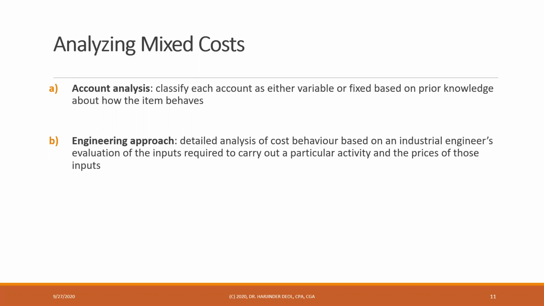So this one is the detailed analysis of cost behavior based on an industrial engineer's evaluation of inputs required to carry out a particular activity and the price of those inputs. Okay, so engineers can break down the amount of material that is needed to complete that process, material or time, and then allocate cost to that. This can be a time-consuming process as well as expensive.